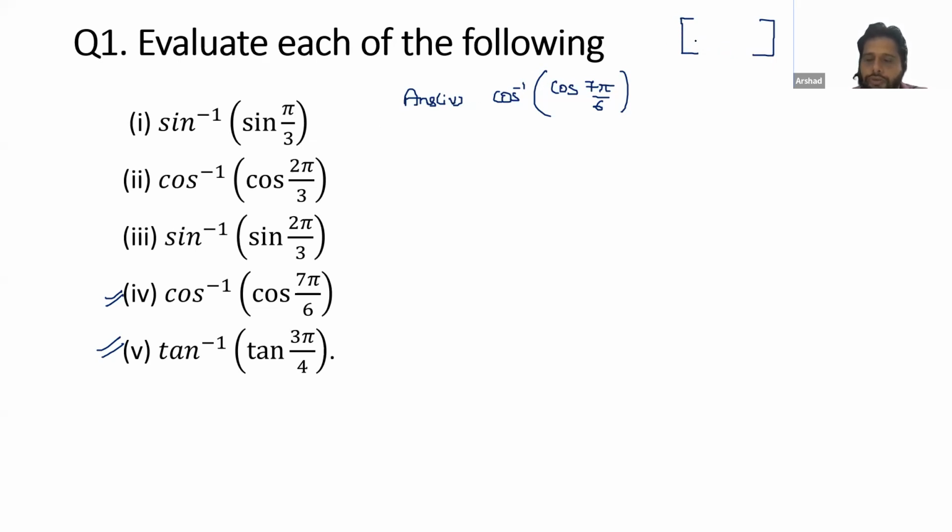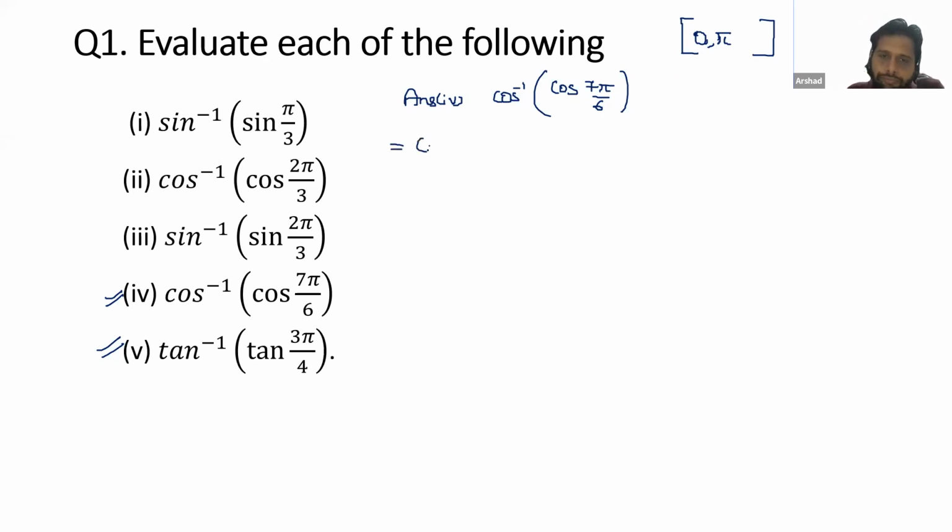What is the range for cos inverse? No, for cos it is 0 to pi. Please remember this. So if you are saying that your answer is 7 pi by 6, then it is not correct because it does not lie in this interval. So 7 pi by 6 is not correct.